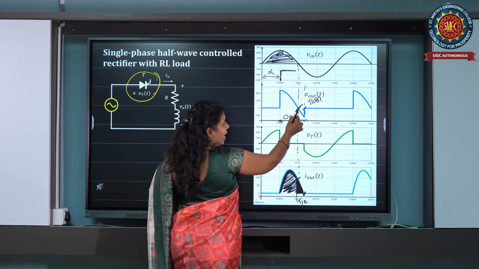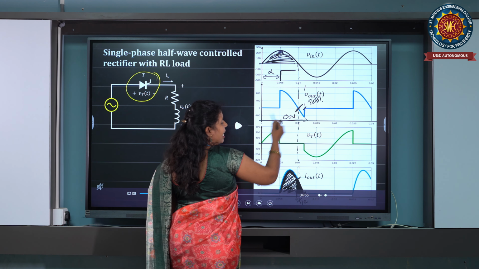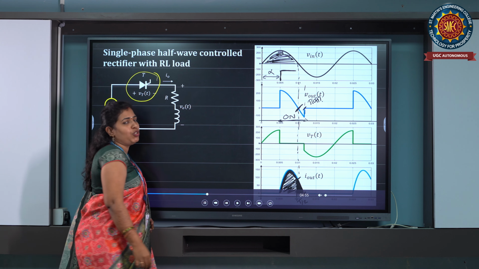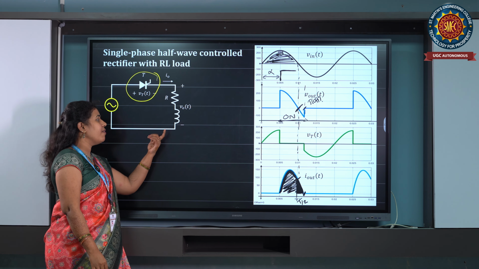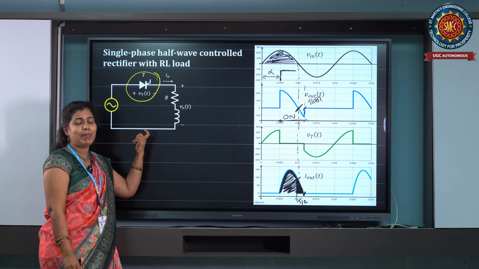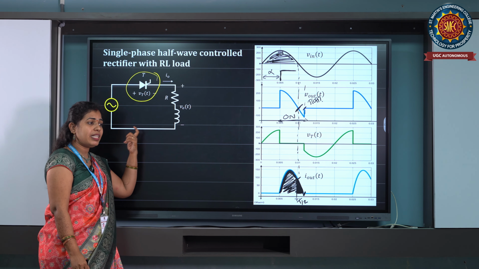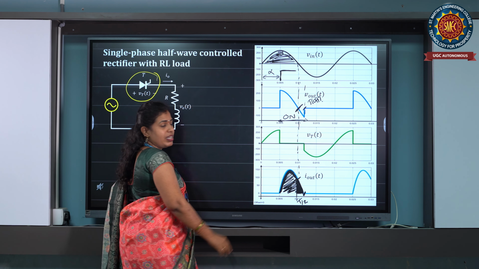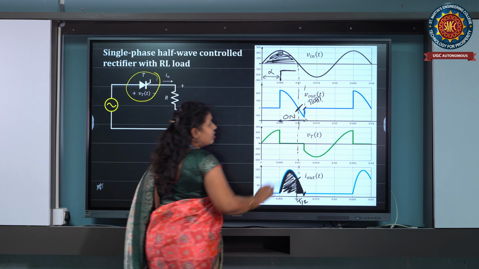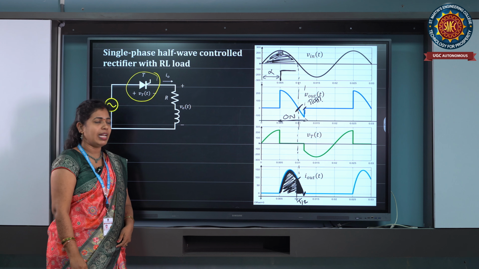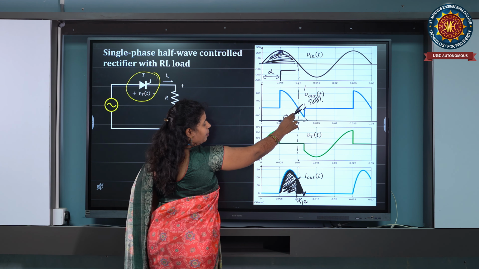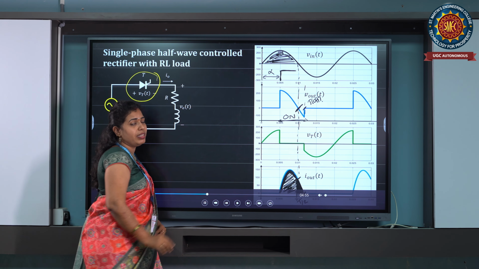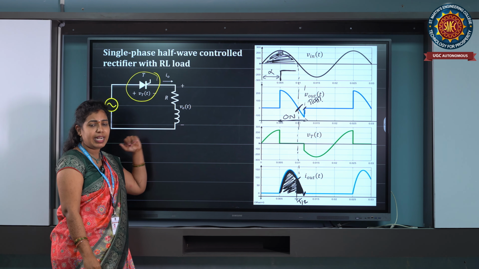So from pi onward, negative voltage will appear across the load. The negative voltage appears until the energy stored in the inductor equals 0. At that point, up to some angle which we call beta, we get the negative voltage due to the energy stored in the inductor.